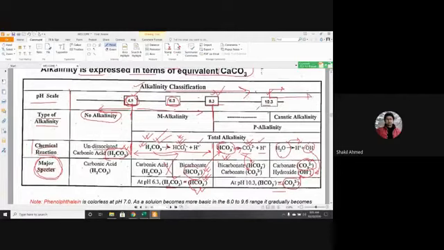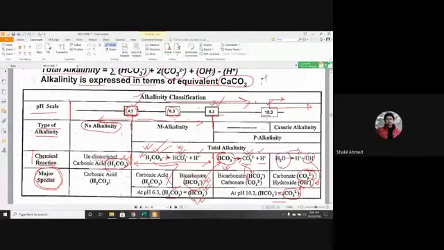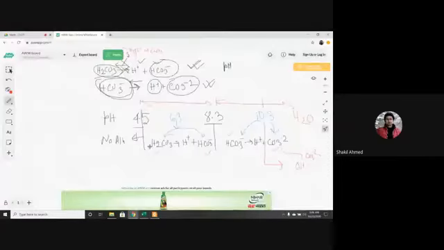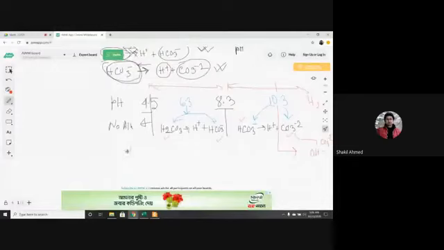Now, in the laboratory, how would you determine these things? We use an indicator. What is an indicator? Which changes the color to tell you the end point of a titration.